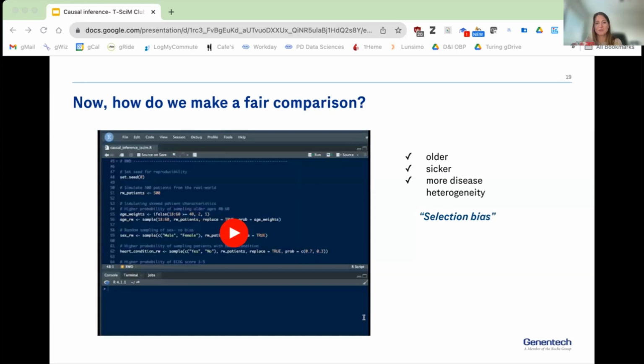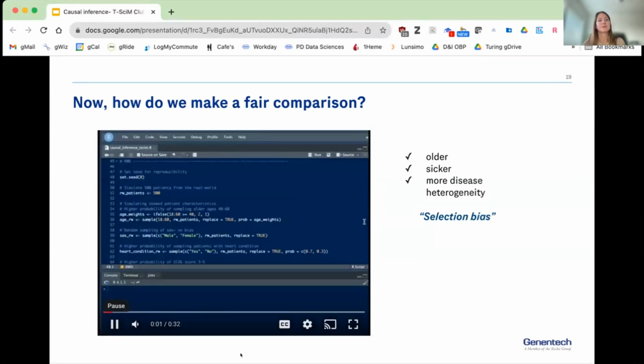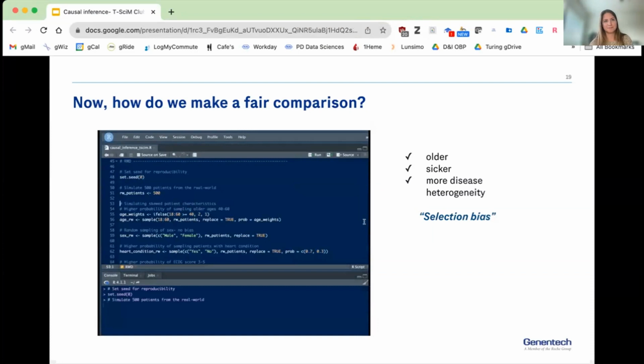So I'll just run through this new video. First, I'll start by simulating a real-world control group of patients who are on average older and sicker than their clinical trial counterparts. So in this, I'll bias and sample older ages.